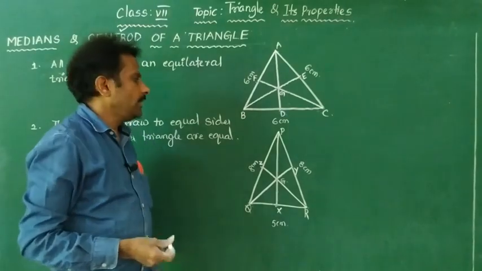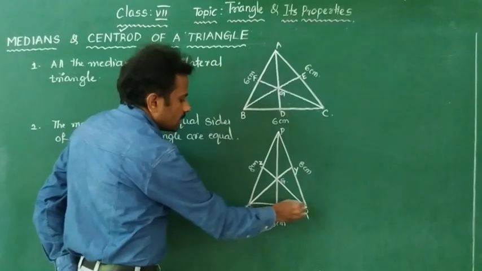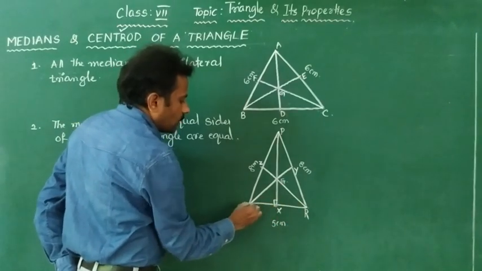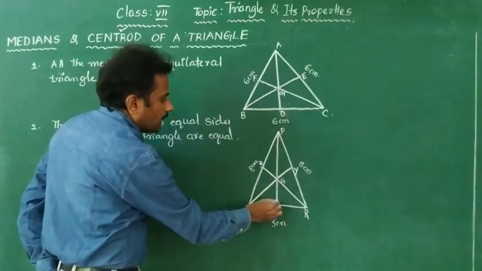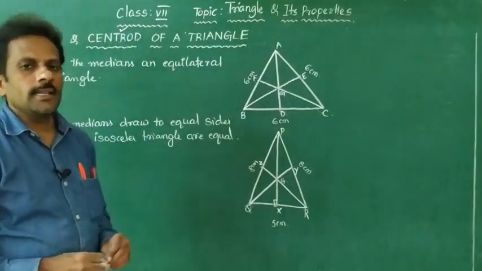And another point in an isosceles triangle: whatever median you draw to the base, it is perpendicular to the base. Exactly, the angle between the median and the base you can find as 90 degrees.